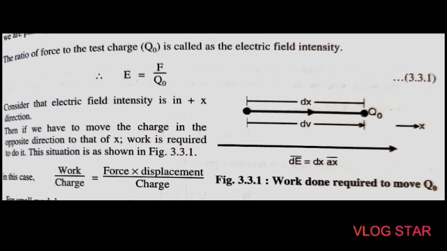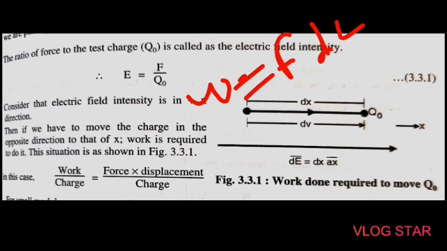Work divided by charge is equal to force into displacement upon charge. We know that W is the work done, which is equal to force into displacement. So we can write W is equal to force into displacement, then upon charge as it is.